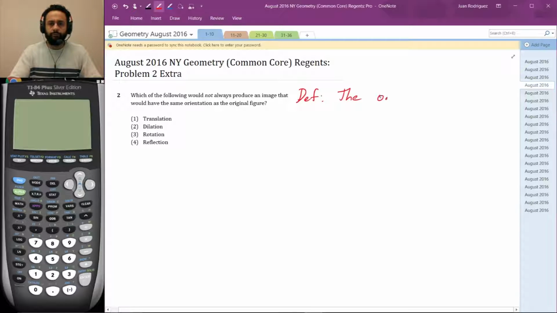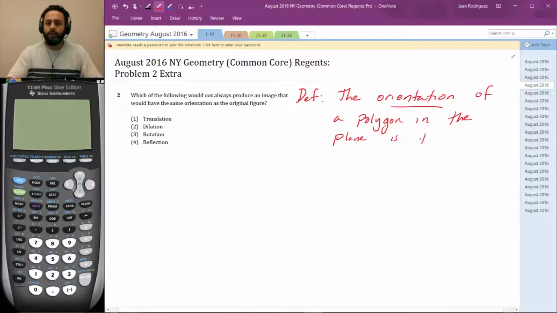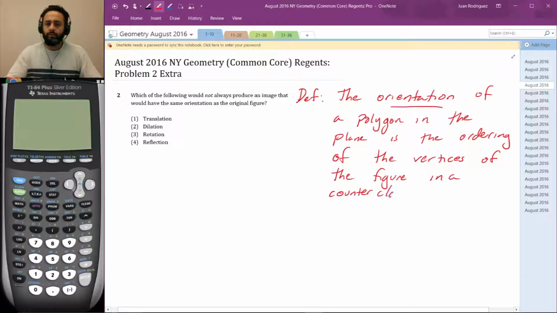The orientation of a shape, let's say of a polygon, in the plane is the ordering of the vertices of the figure in a counterclockwise order.